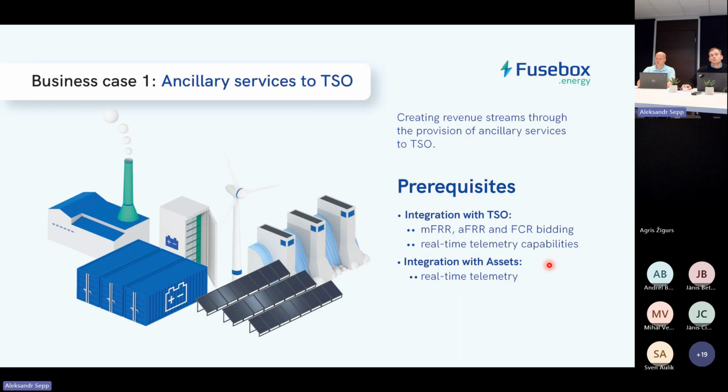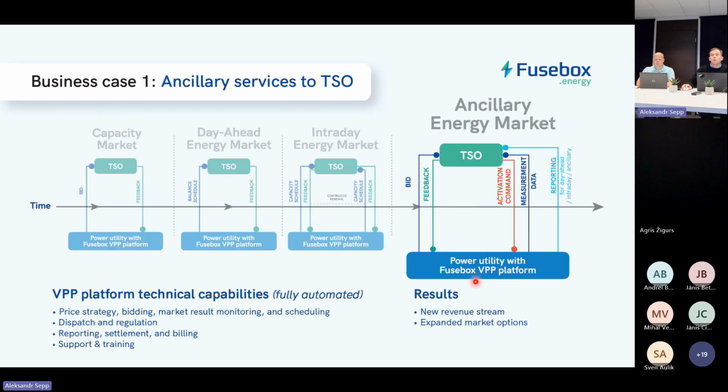And for that, we need to have assets. We need to have a connection to the TSO, to the local grid operator, and have sufficient real-time telemetry with a granularity that is needed for a particular ancillary service. So you can see here the connection we provide to the TSO, we exchange data with the TSO, we create an automated reporting system.